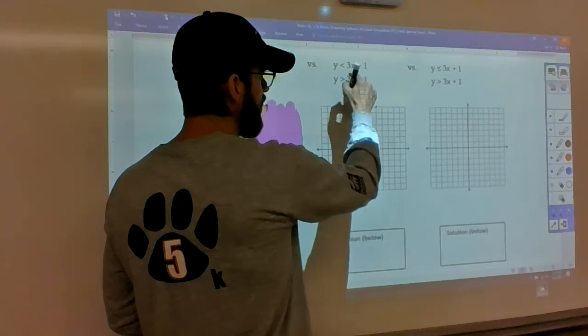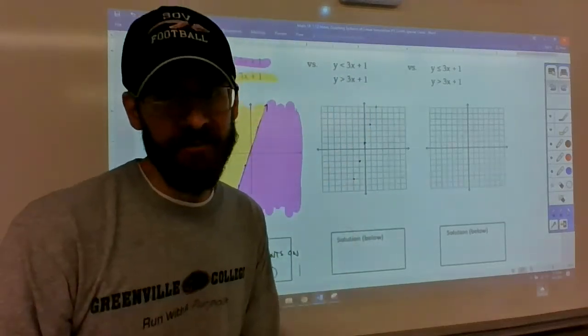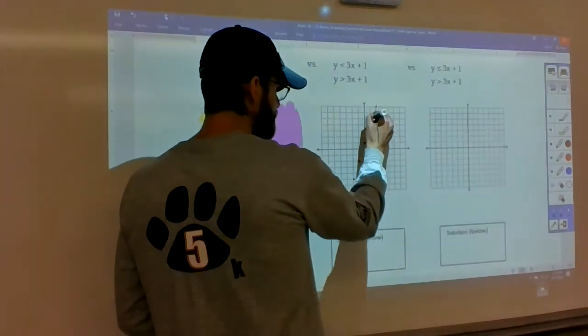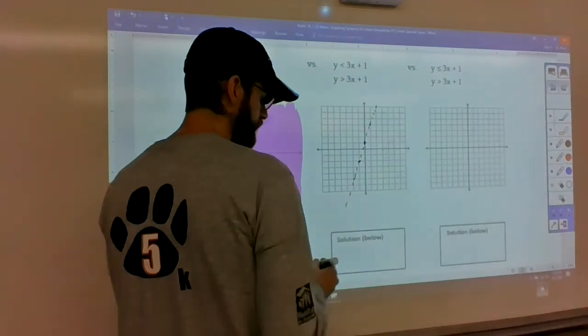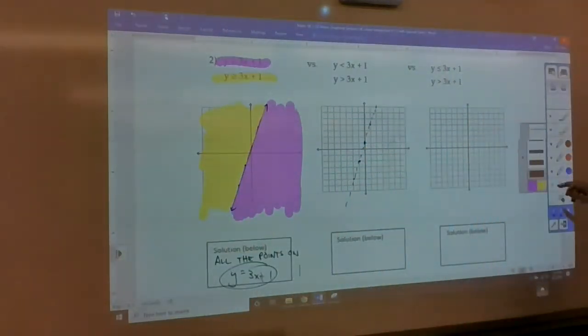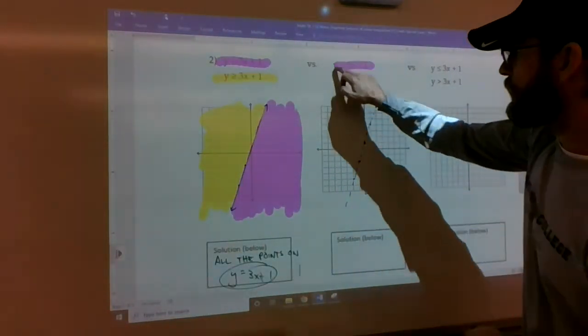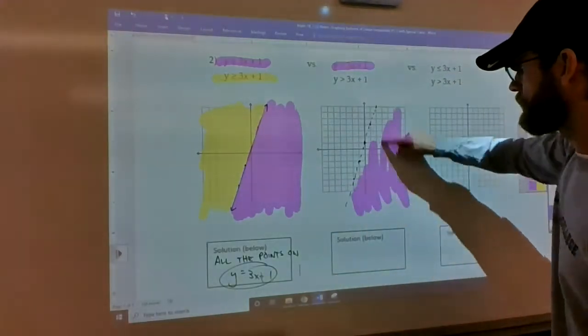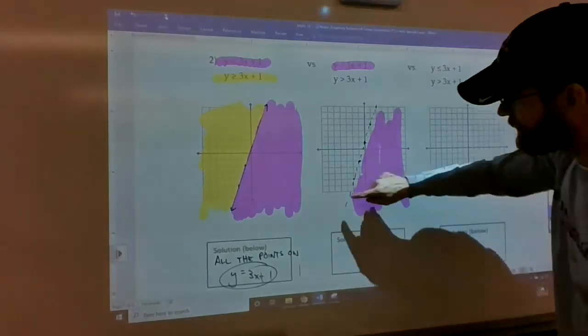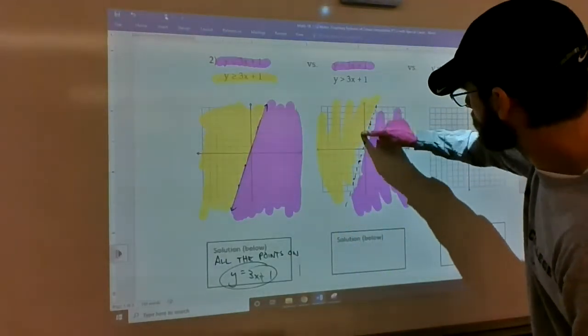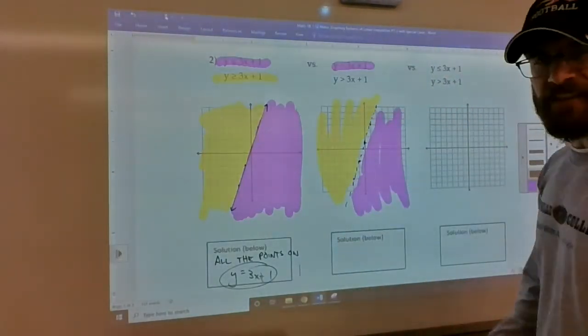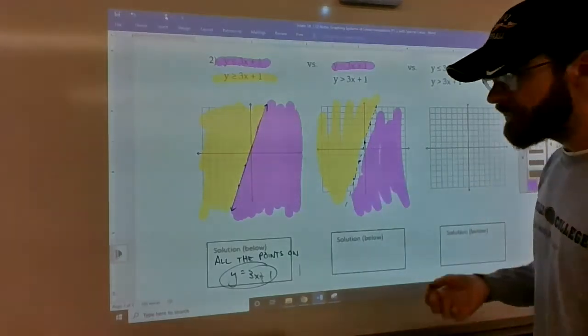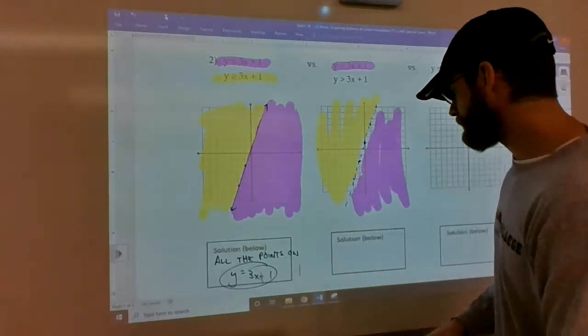And it's a dashed line for the top and a dashed line for the bottom. Magenta would be below. That's what we had before. Yellow would be above. And remember, dashed means they actually don't share it. It's like an empty boundary.